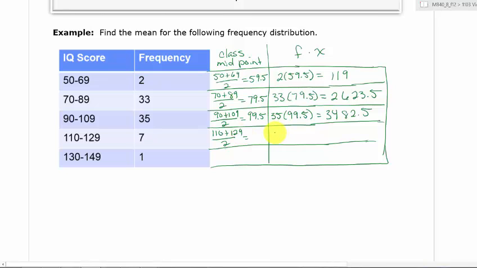That gives me 119.5. And the frequency there is 7, so take 7 times 119.5. That gives us 836.5. And then 130 plus 149 divided by 2. That gives me 139.5. And that's just going to stay the same because the frequency there is 1.